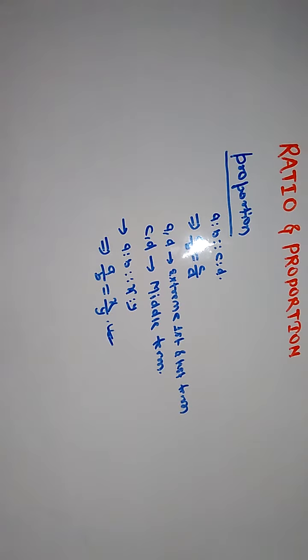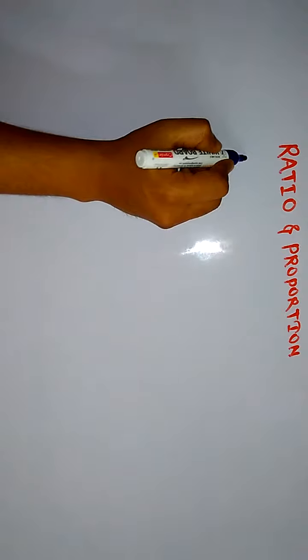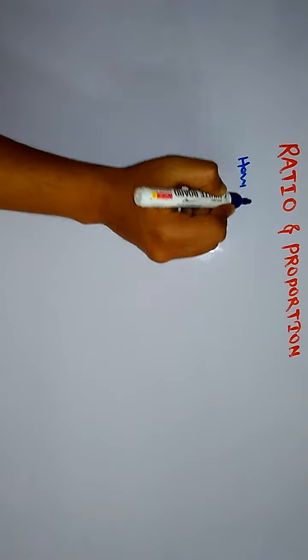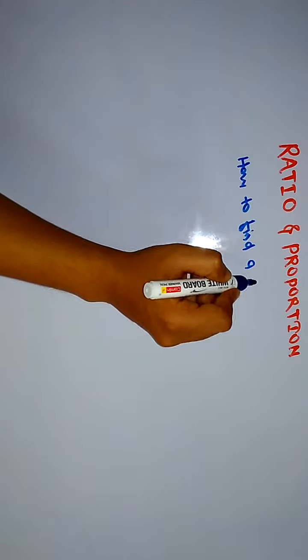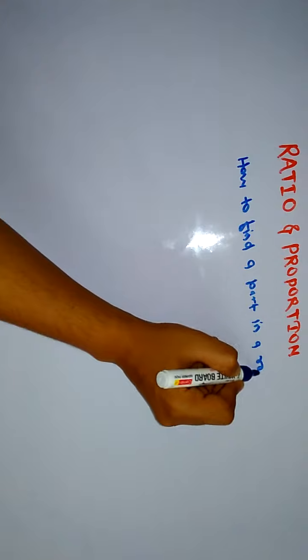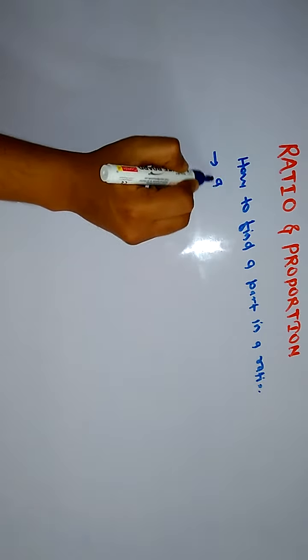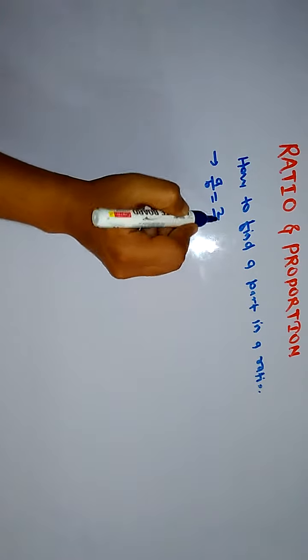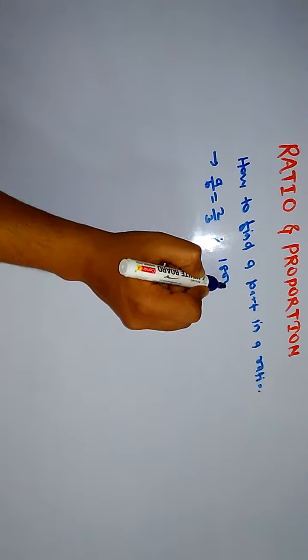The next basic concept in ratio and proportion is how to find a part in a ratio. Suppose in a question it is given that a by b equals 2 by 3, and the sum of the parts is given as 1800.